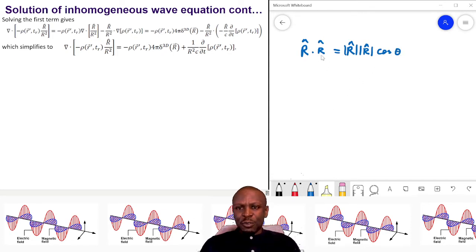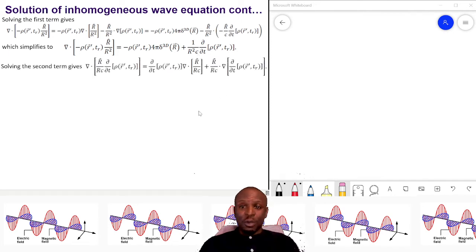What is the angle between them? The angle between them is equal to 0, and the cosine of 0 is nothing else but 1. So as a result, this r dot r will just give us 1, and that's why you will see this here as 1 divided by r squared and c. So that's what you are going to have.